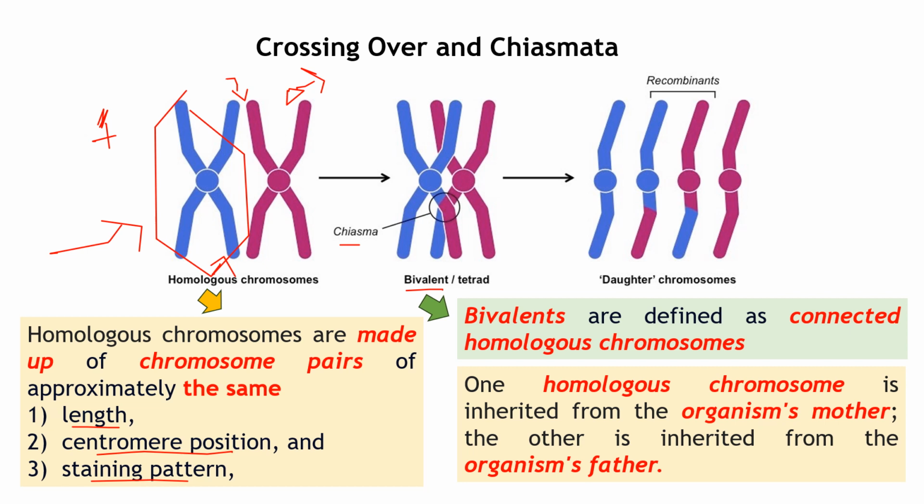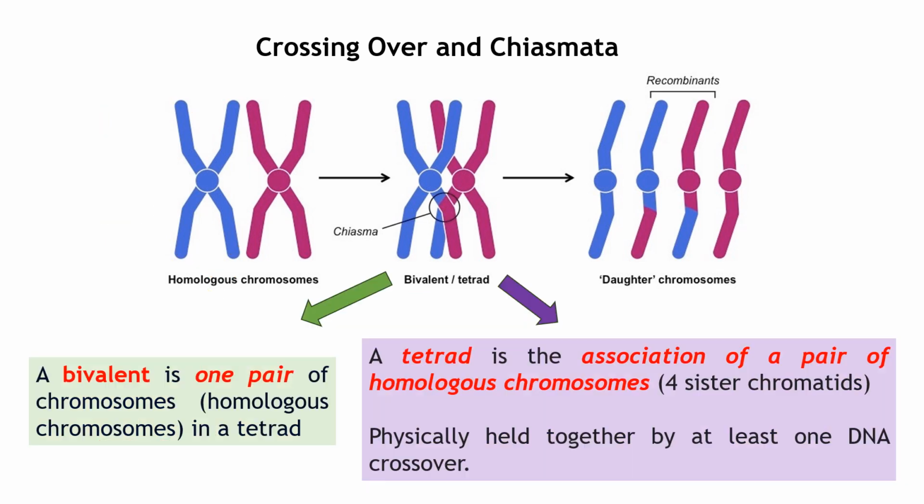Now we have another terminology here, the word tetrads. We're going to compare bivalent and tetrads in the following slide. Before we were talking about bivalent in terms of physical contact. Now we're going to compare it with a tetrad. The bivalent is one pair of the homologous chromosomes in the tetrad.